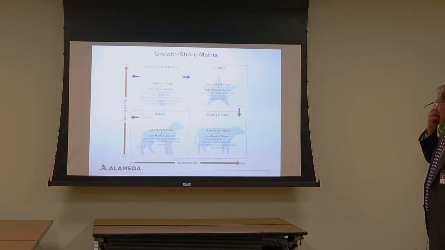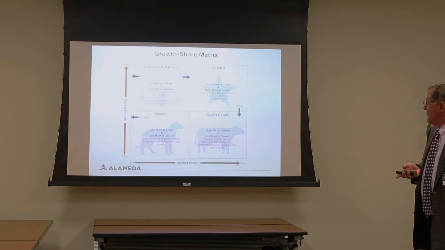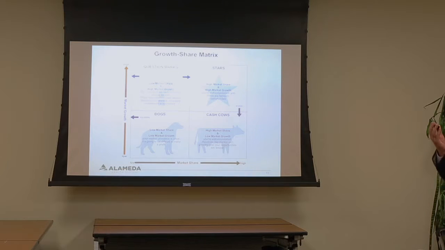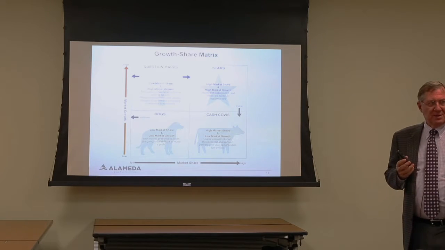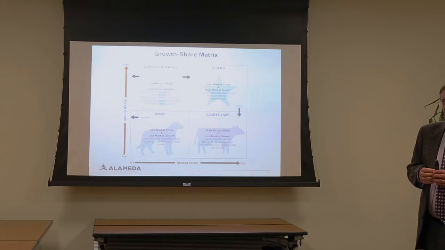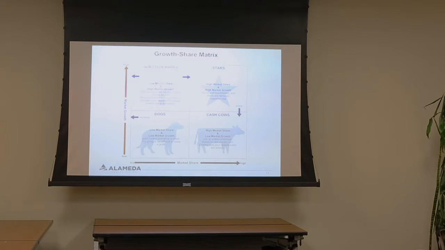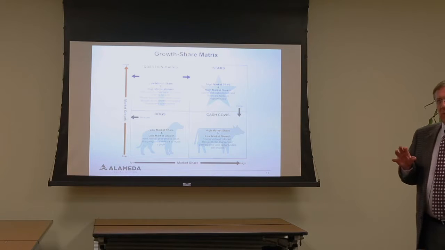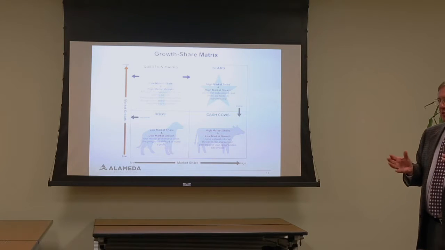Oh, one more thing first. There's another technique. This has been around since I was in college, I think. It's called the Boston Consulting Group model. It's a way of looking at these projects and deciding which ones should be done.